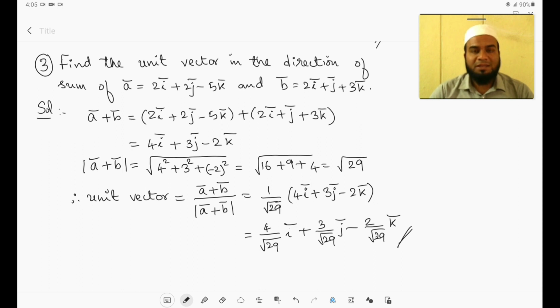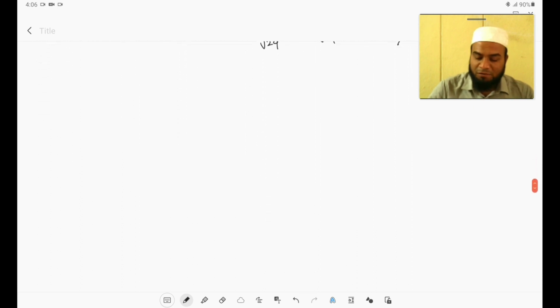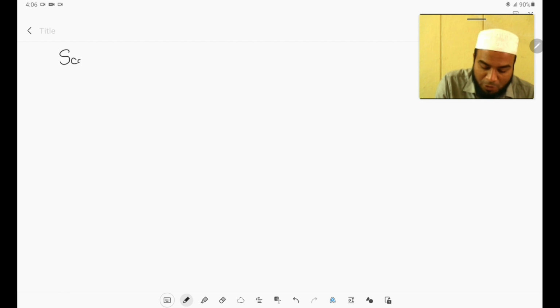Only we are covering the dot product, that is called scalar product or dot product of vectors, that we will see now. So how do we define this scalar product or dot product? This is the side heading.